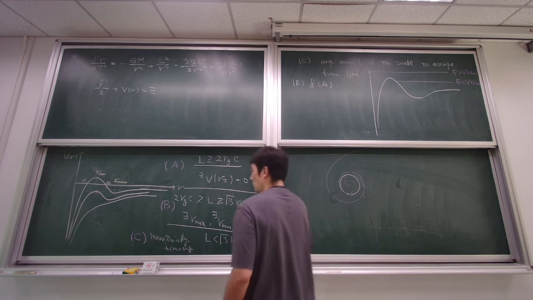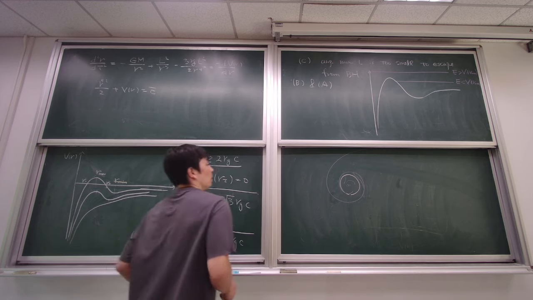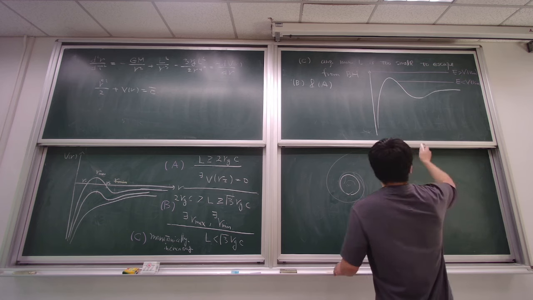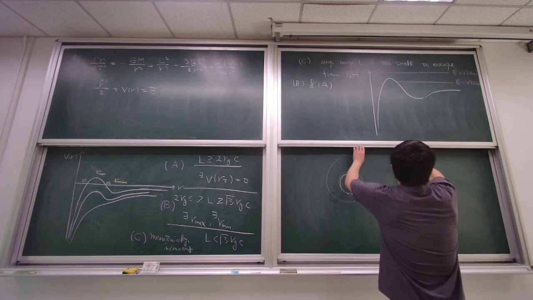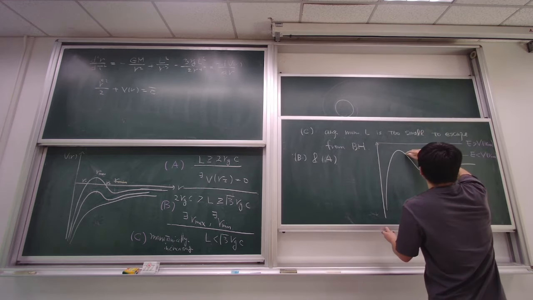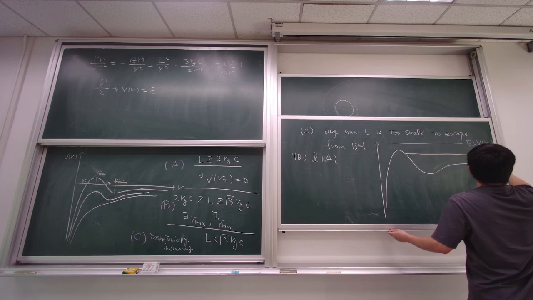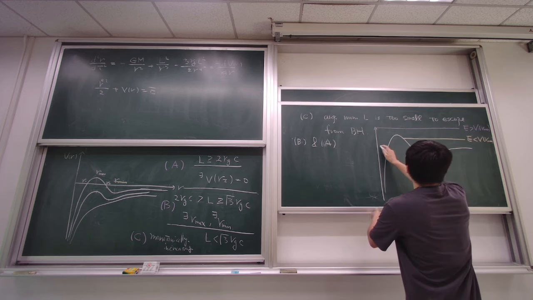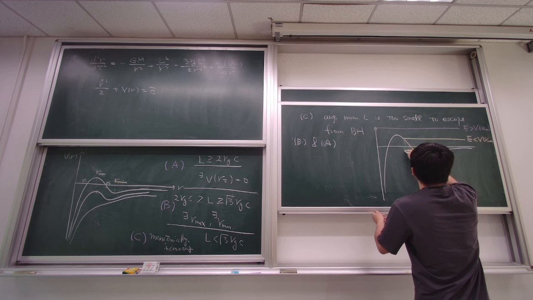The second case is that, maybe I should use a different color. So second case, the energy is smaller than B R max. So I call this one the yellow one. Roughly this position is R star.